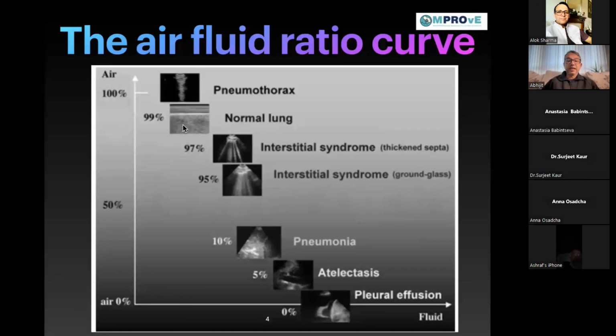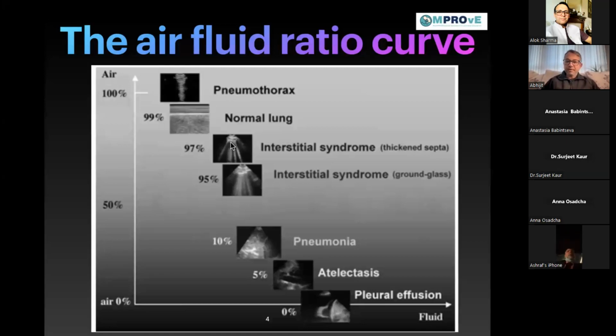It's an air-filled sac. As you keep going towards this end of the curve, where you are adding fluid, you can see the imaging changes. So you start adding fluid, which is not normal for the lung. You start adding fluid in any form, liquid in any form, transudate, exudate, fibrinous strands, anything.